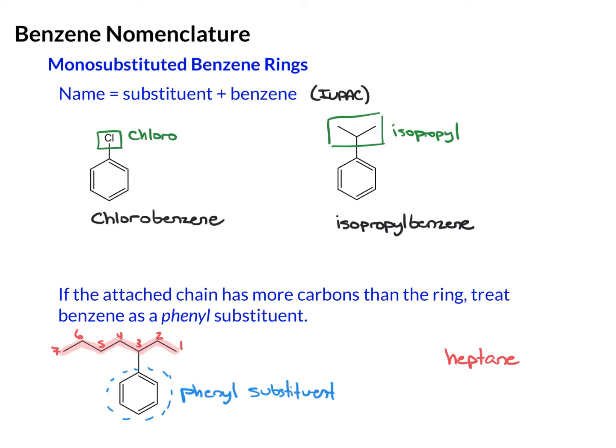And then we only have the one substituent, which is the phenyl group at carbon 3. So just start your name with that. 3-phenylheptane. So again, that's the difference in benzene acting as a parent or a substituent.